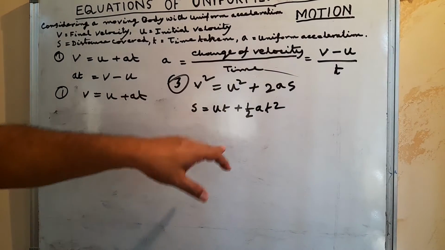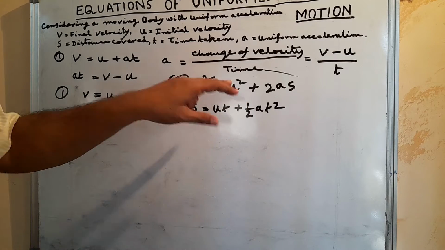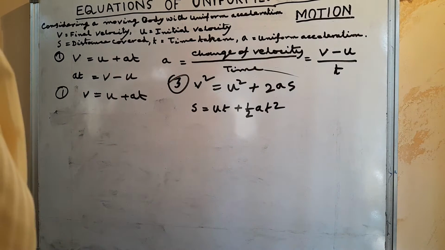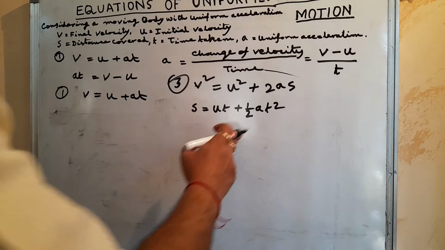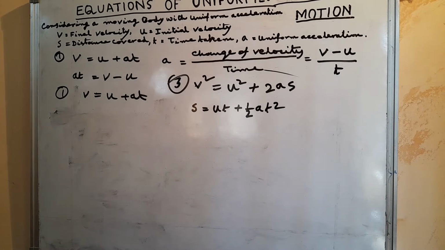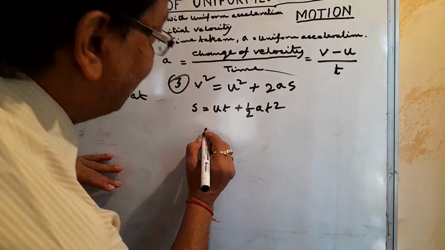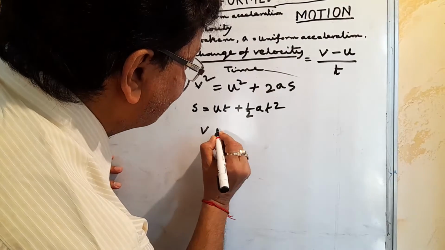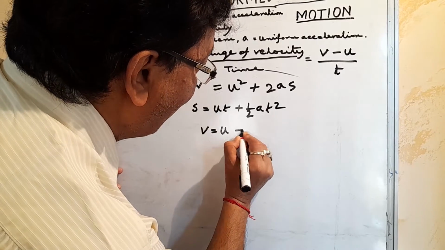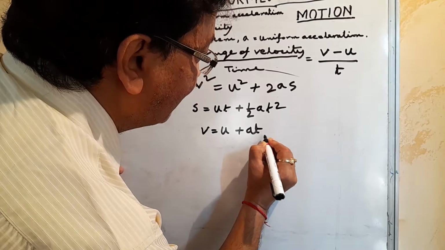Now from here we derive the third equation. s equal to ut plus half of at square. Again we know from the first equation that v is equal to u plus at.